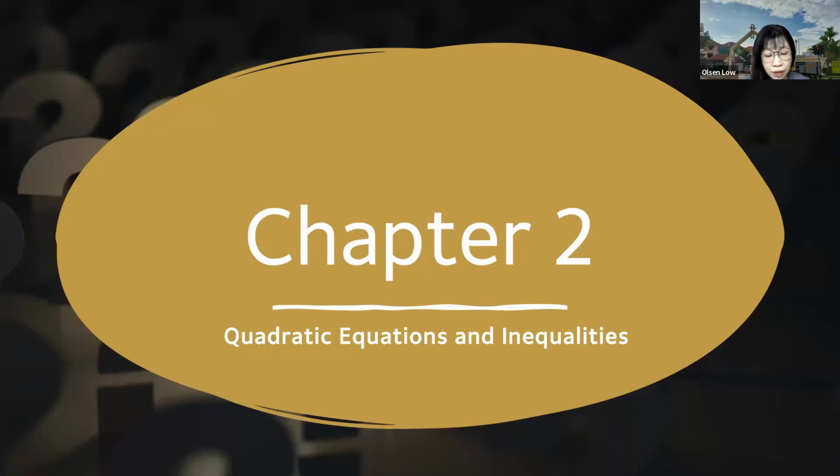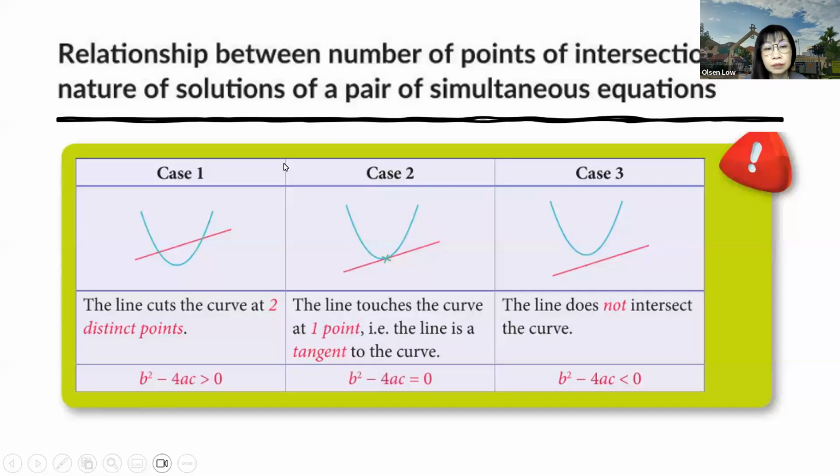This lesson is an extension of knowledge on the relationship between discriminant and nature of roots. So what you see here, we will be talking about the relationship between the intersection of the line and a curve.